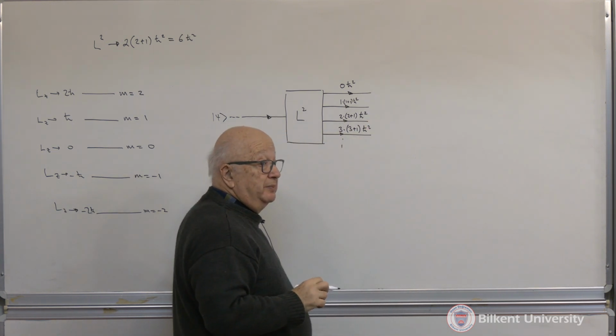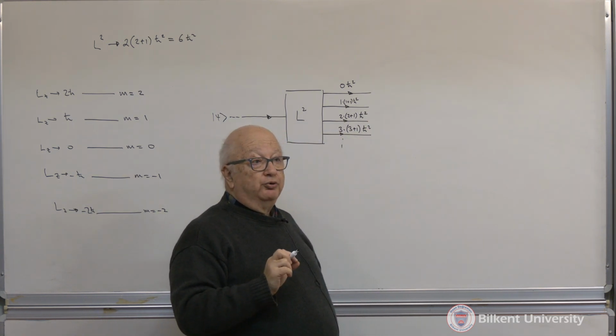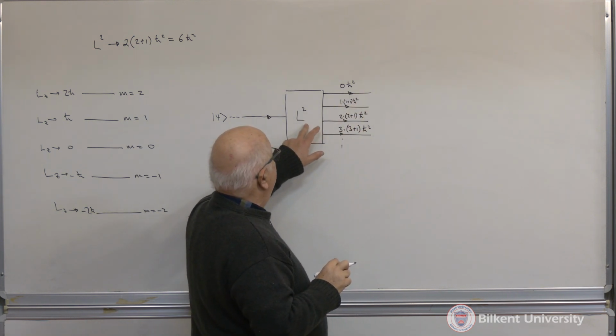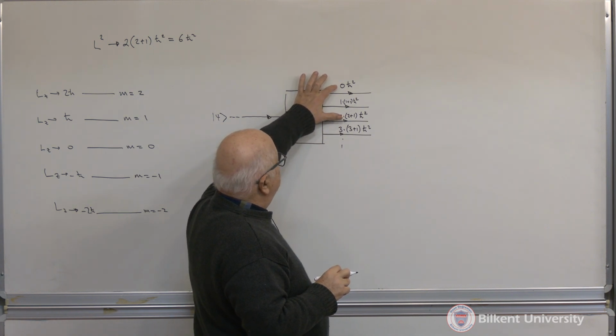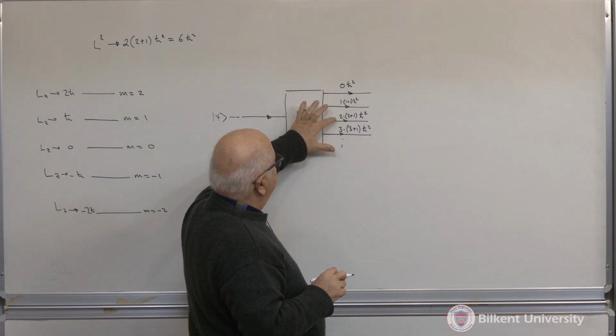So those are the possible values of the eigenvalue of L squared. So it corresponds to L equal to 0, L equal to 1, L equal to 2, L equal to 3.